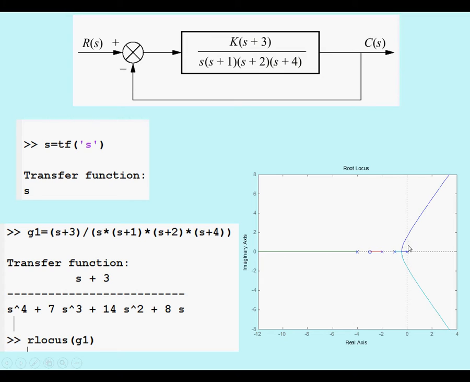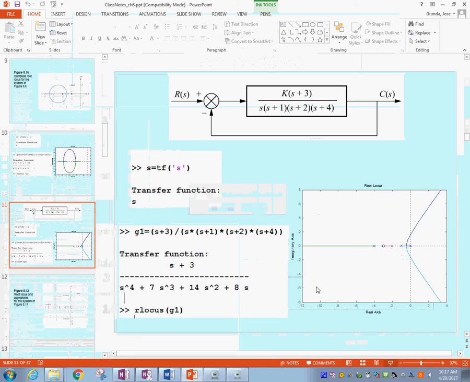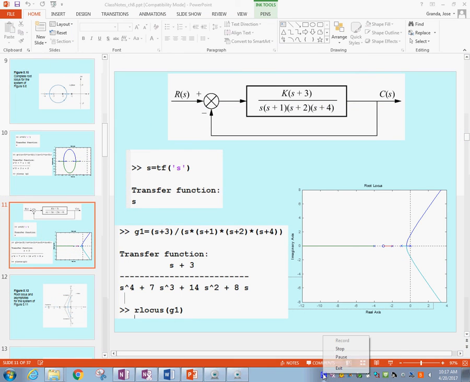Obviously, at this point, you could see there's a transition between the stable and unstable system. But this is how we obtain the root locus for this particular transfer function.